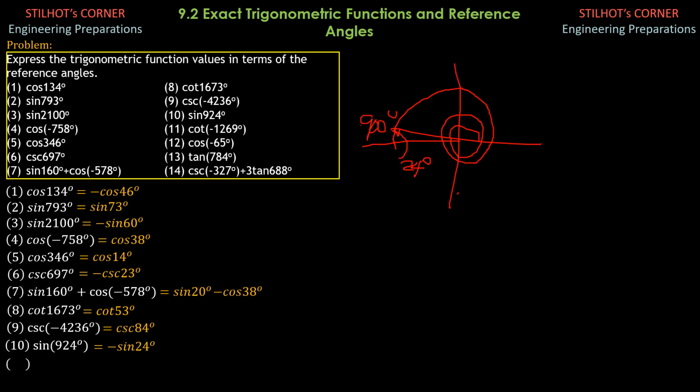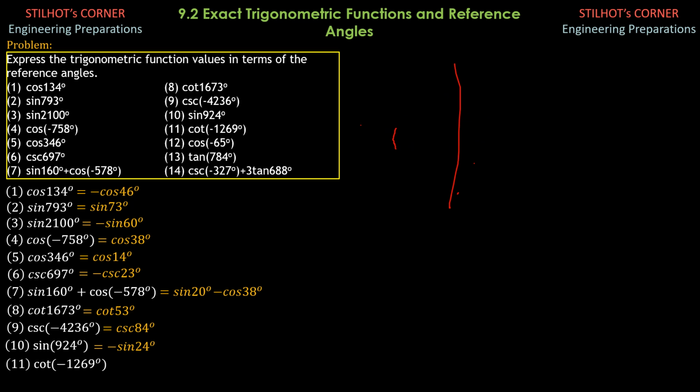Then number 11, cotangent of negative 1269. The angle is again negative, so clockwise direction. For 3 revolutions in clockwise direction, 1, 2, 3. So 3 times negative 360, that's already negative 1080 degrees.